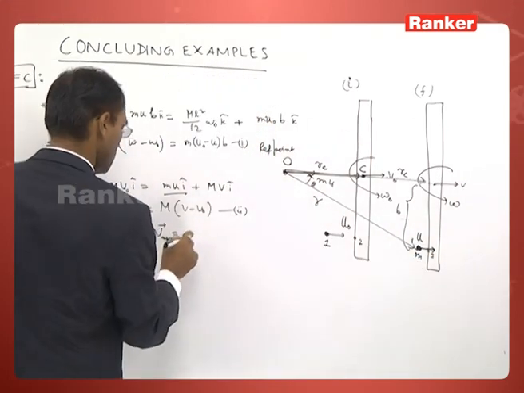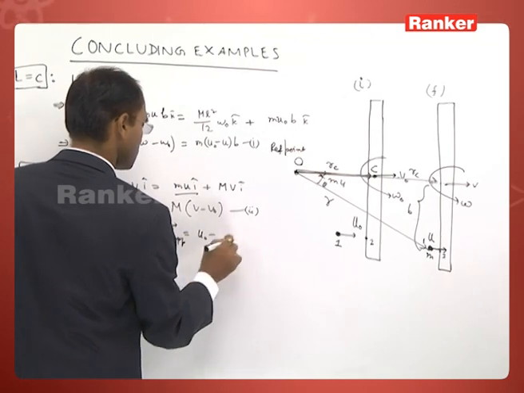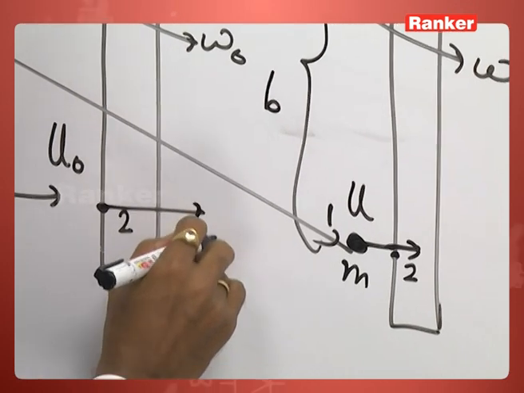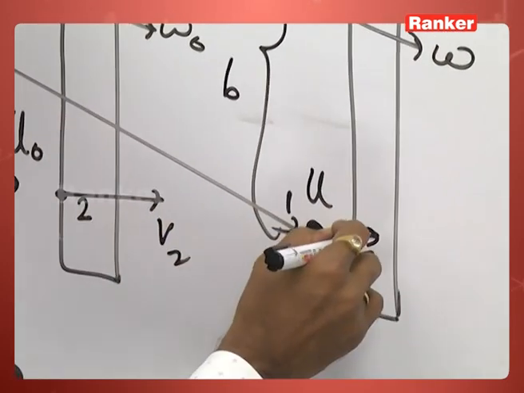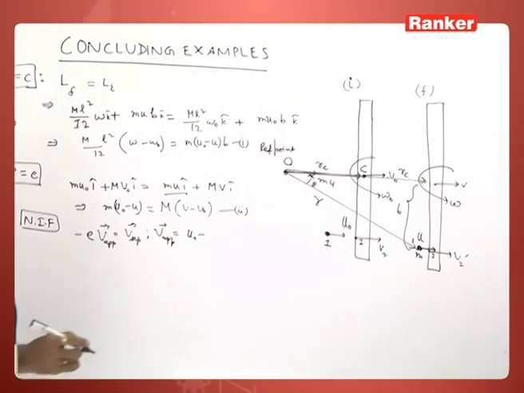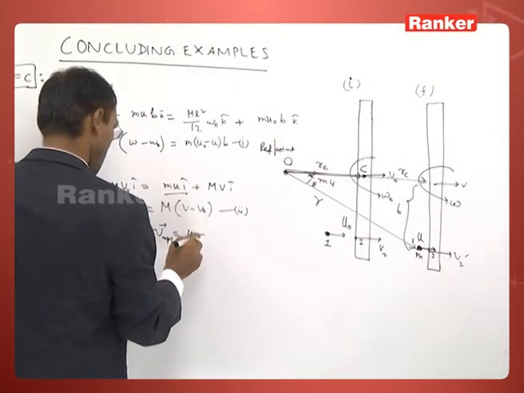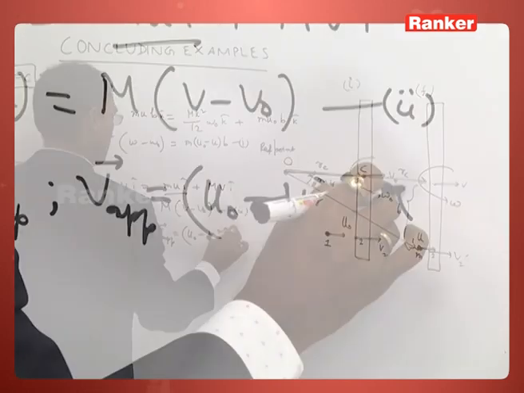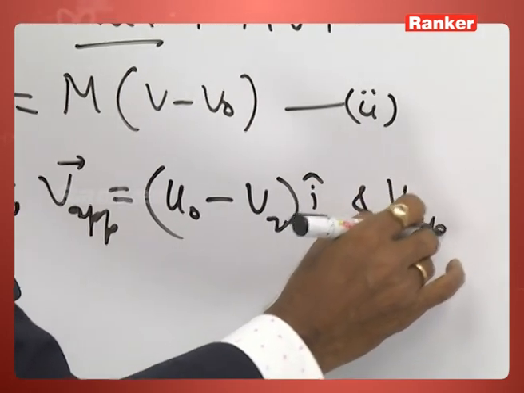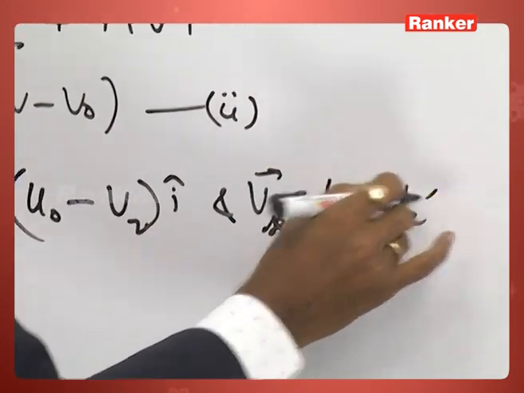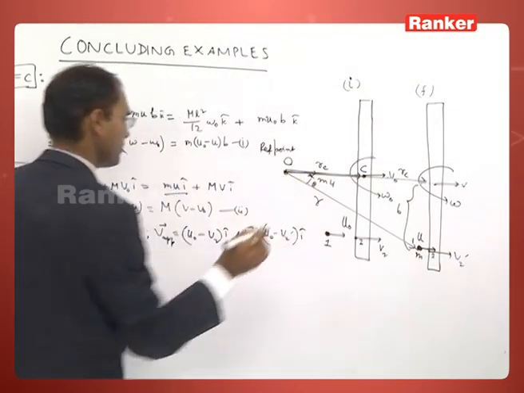So minus e times (u naught minus v2) I cap equals (u minus v2 dash) I cap.